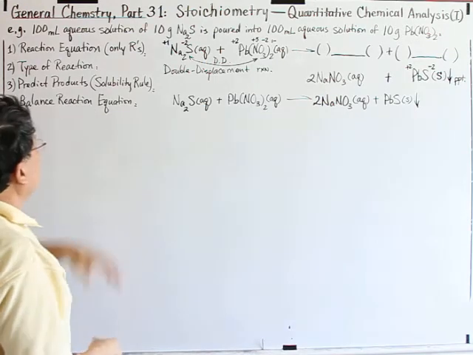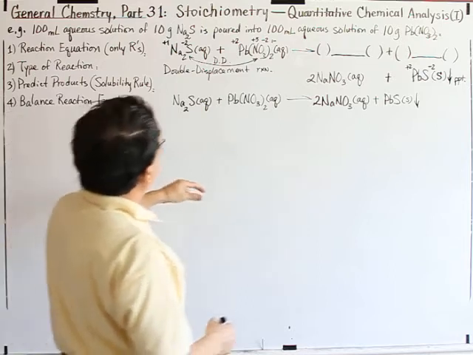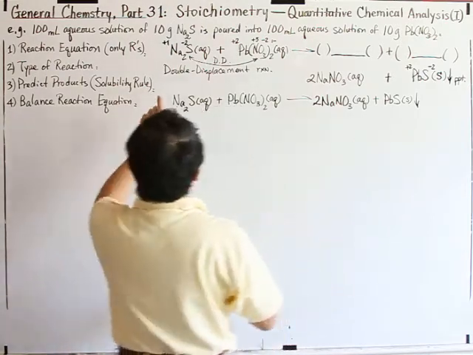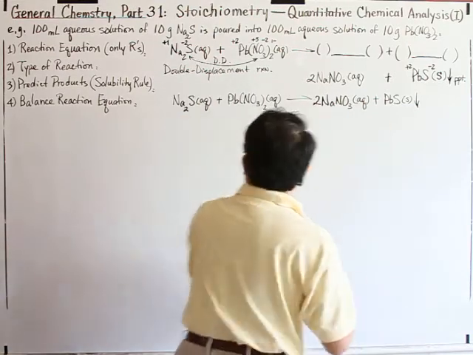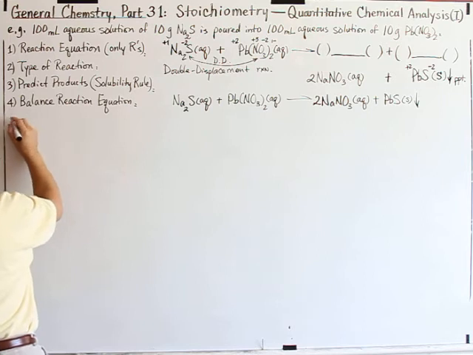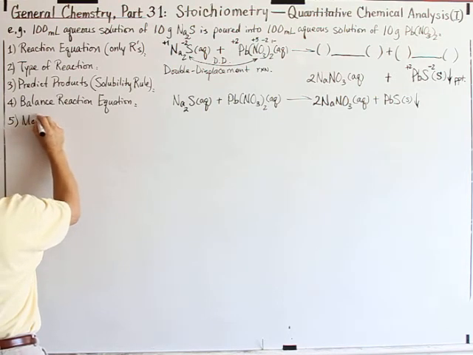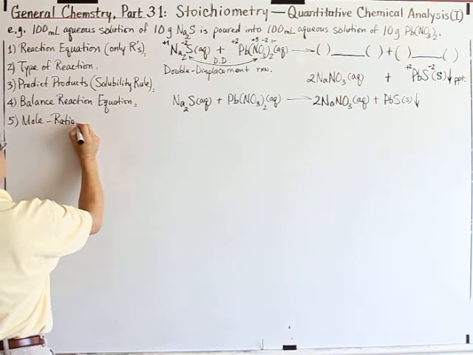Now the next step. Since we have balanced the chemical reaction with coefficients of 1, 1, we don't write a 1 because we omit it, to simplify, and then 2, 1, right? So we're going to indicate the mole ratio. Mole ratio means what?